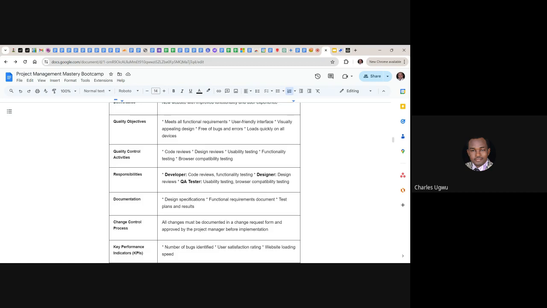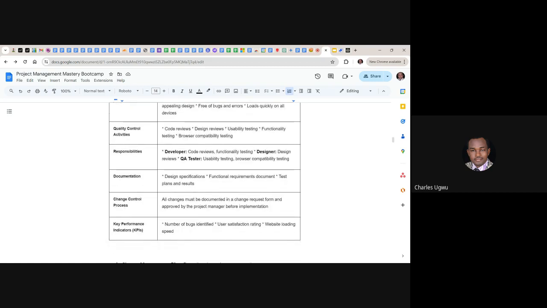Who is going to do all this? You see, the developer will do code review and functionality testing. The designer will do design review. This is what we are going to be doing with them before accepting their work. Then the quality assurance tester needs to do usability testing and browser compatibility testing before any work can be accepted.